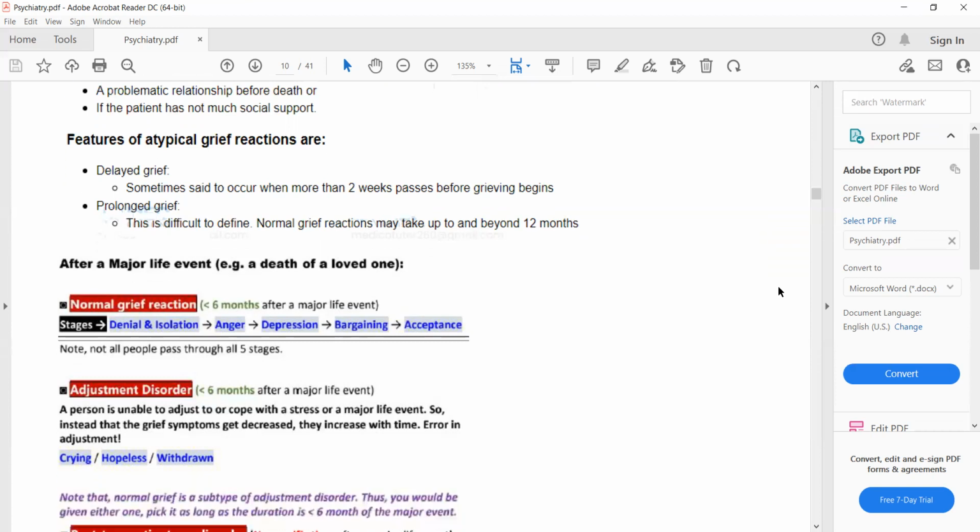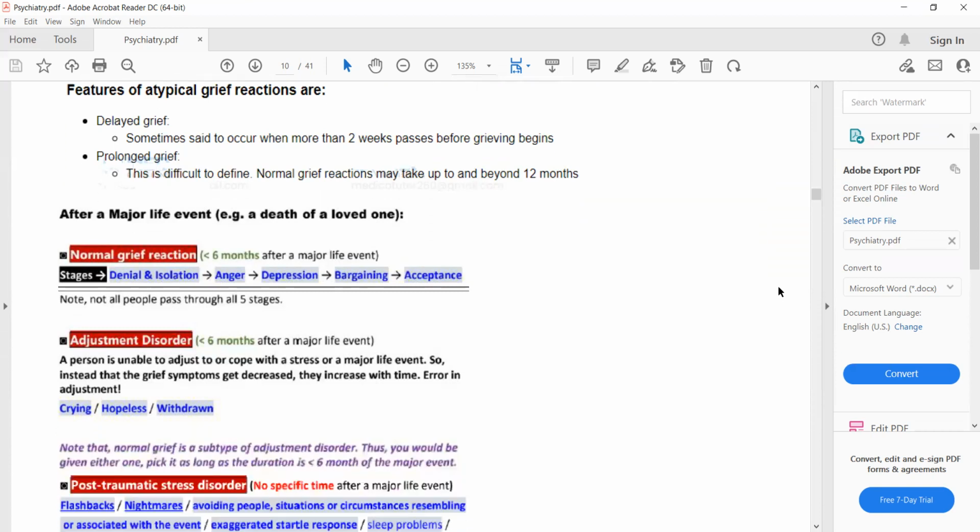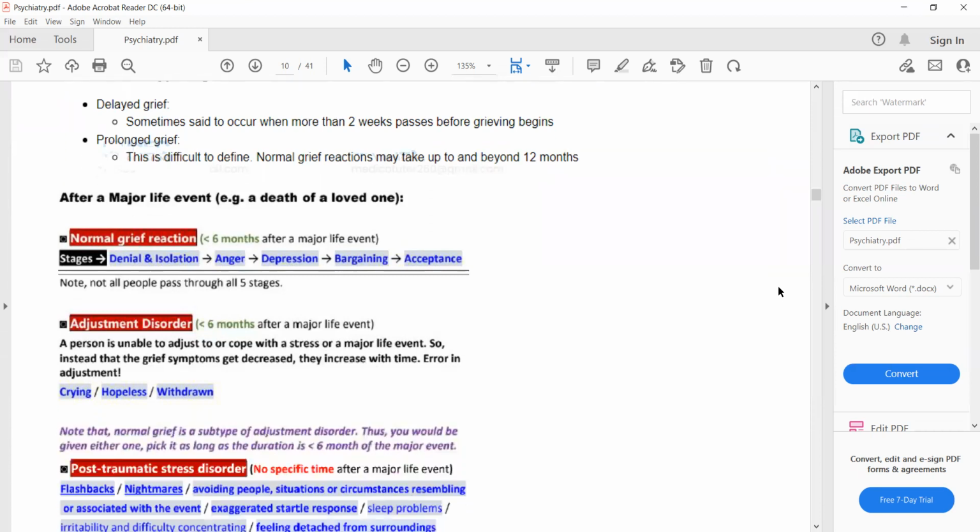Now, a variant of normal grief reaction is adjustment disorder. Adjustment disorder and normal grief reaction are almost the same. Normal grief reaction or adjustment disorder is a generalized term.